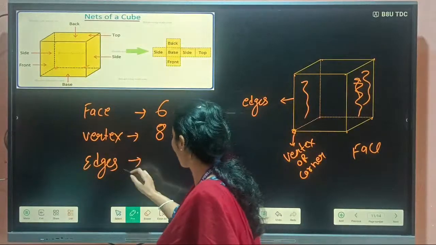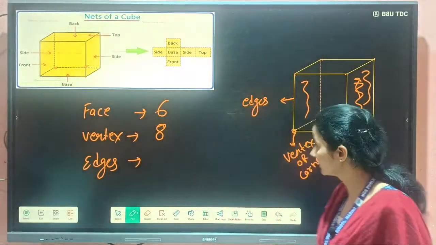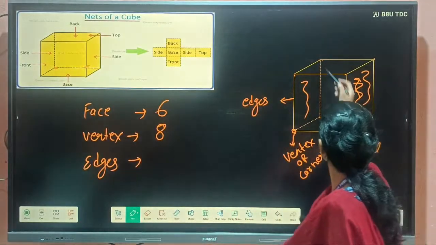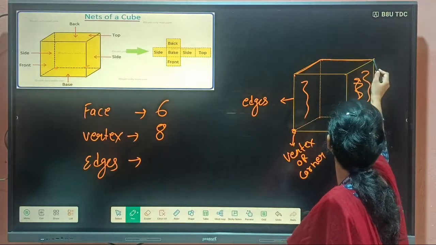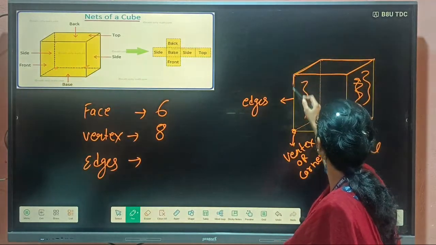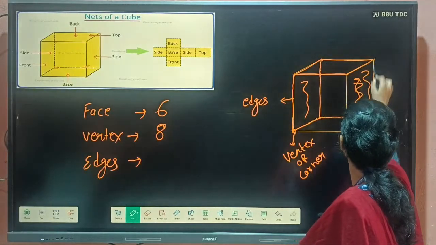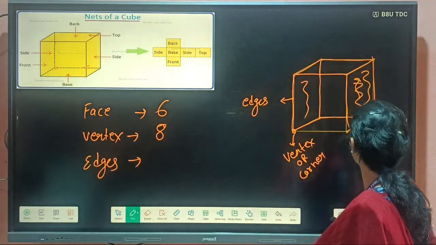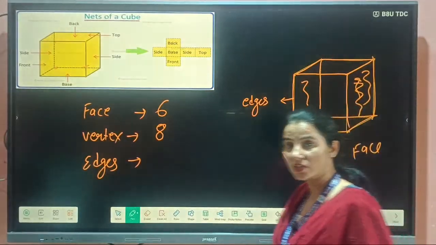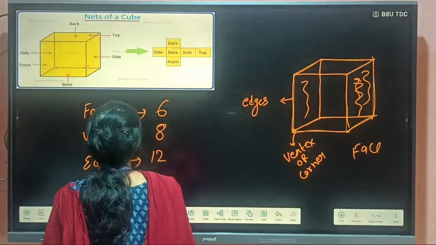After that, count edges. How many edges are there? 1, 2, 3, 4, 5, 6, 7, 8, 9, 10, 11, 12. 12 edges are there.